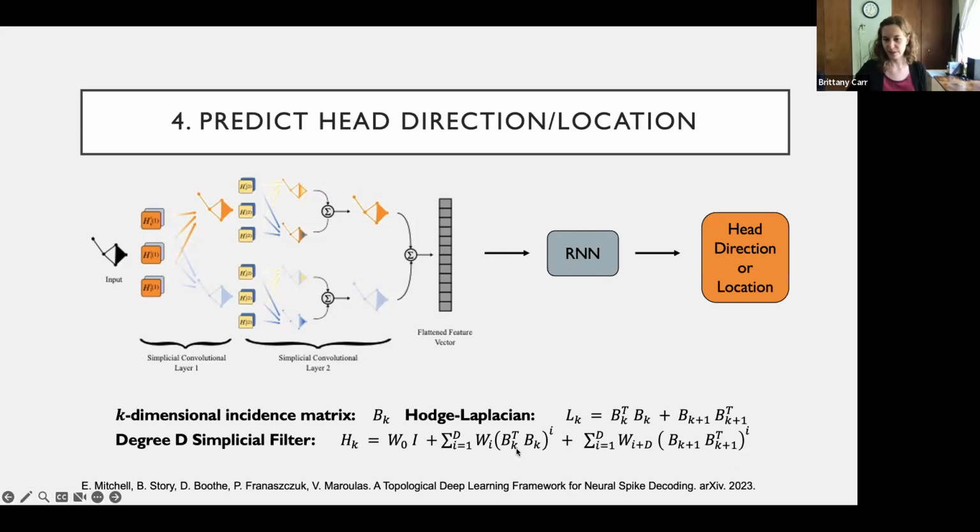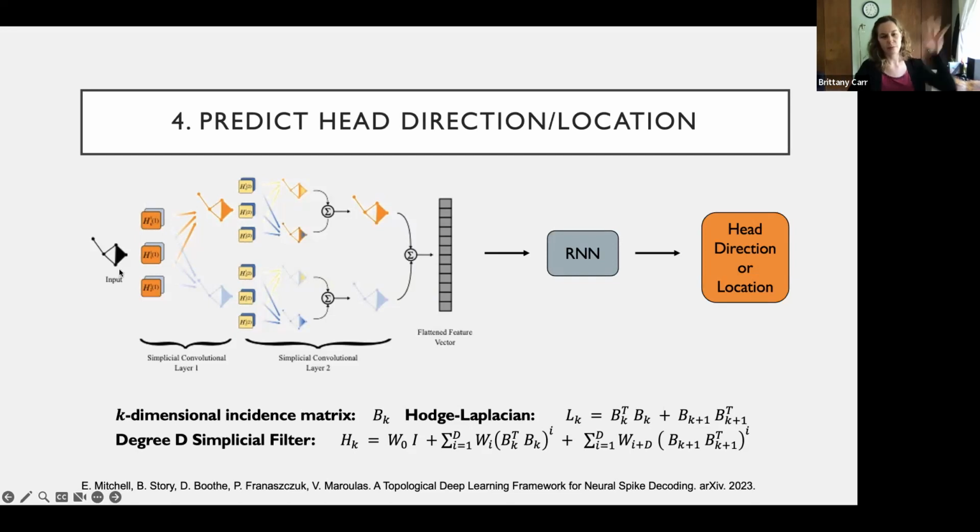So remember, those are the B sub k's and the B sub k plus 1s, depending on what dimension we're looking at. In this case, D is just the degree we're choosing for our simplicial filter. And so basically, if I was to go through and actually calculate all of this together, this is going to give me my H sub k, which is the filter that I'm using for my convolutional layer.